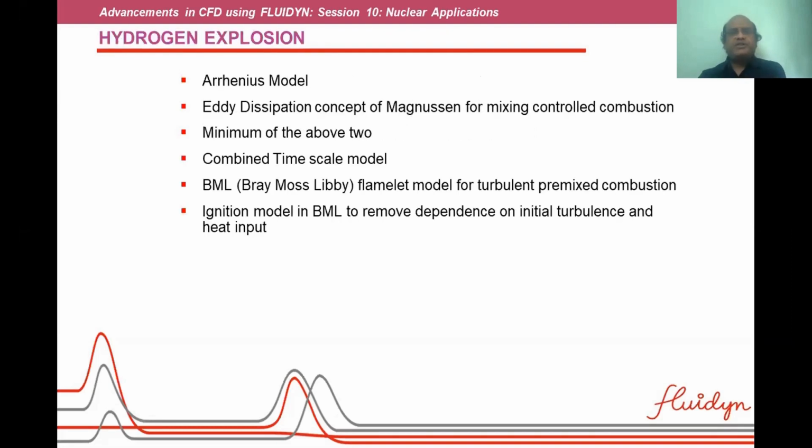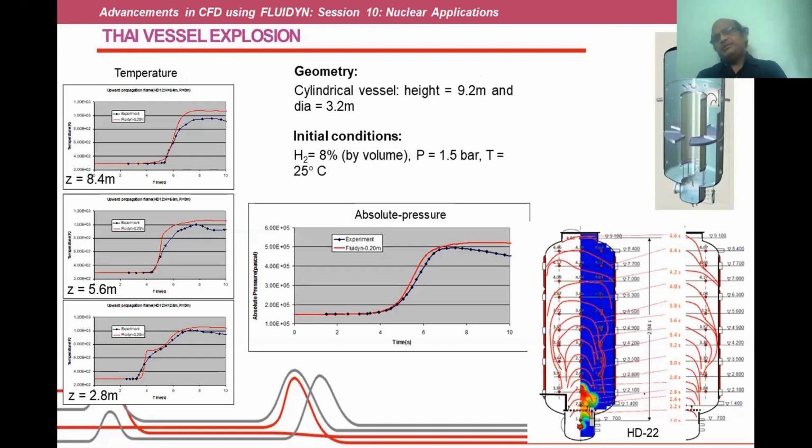But before that, we will see the consequence in case of explosion, whether it can be modeled accurately, and how the process of validation goes. The tie vessel, which we saw in the introductory part, can also be used for conducting experiments involving explosion of hydrogen.